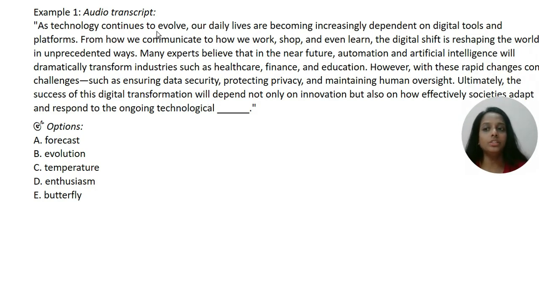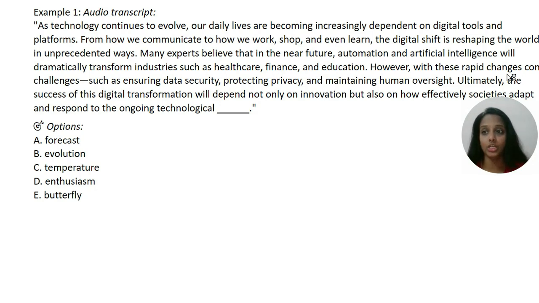As technology continues to evolve, our daily lives are becoming increasingly dependent on digital tools and platforms. From how we communicate to how we work, shop, and even learn, the digital shift is reshaping the world in unprecedented ways. Many experts believe that in the near future, automation and artificial intelligence will dramatically transform industries such as healthcare, finance, and education.